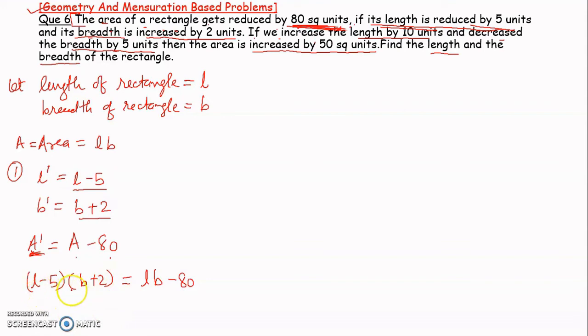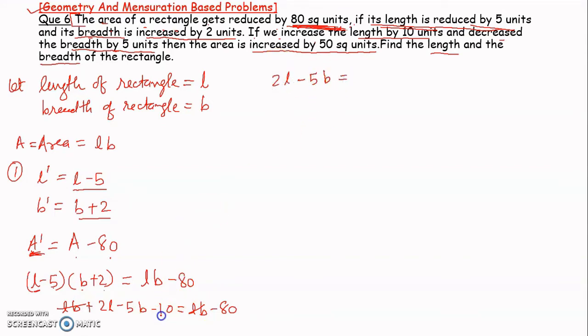Here, if you multiply those two brackets, L will multiply B plus 2, so it will be LB plus 2L, and then minus 5 will multiply B plus 2, so it will be minus 5B minus 10, and that is equal to LB minus 80. So here LB will be cancelled out, and on further simplification you will get 2L minus 5B.